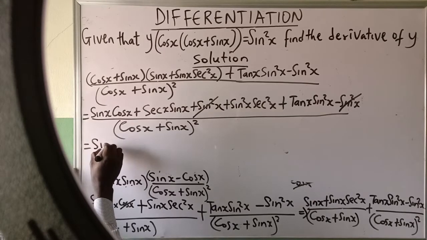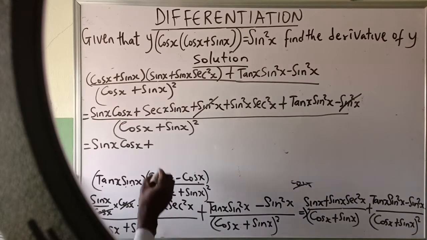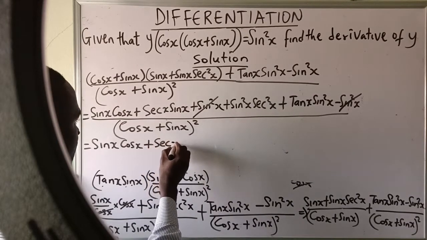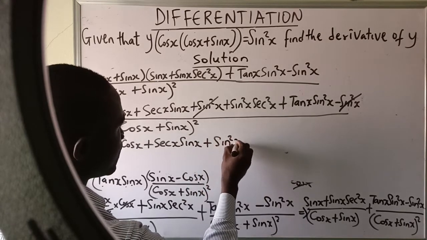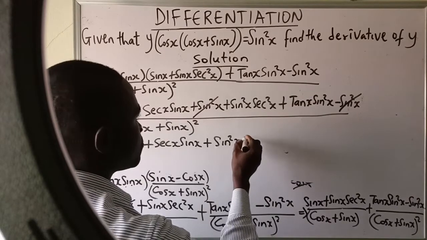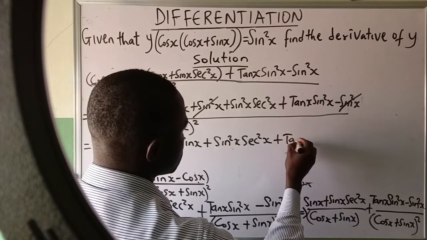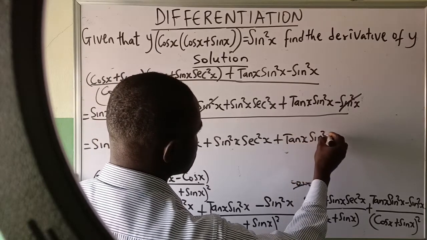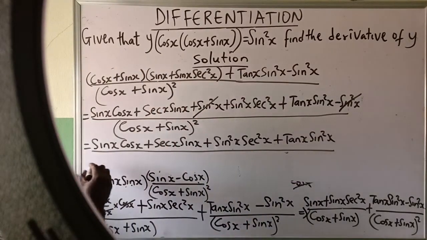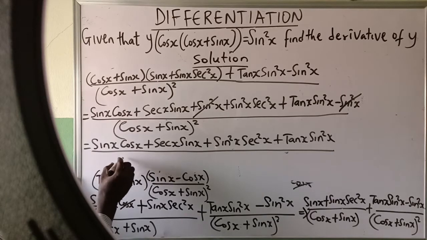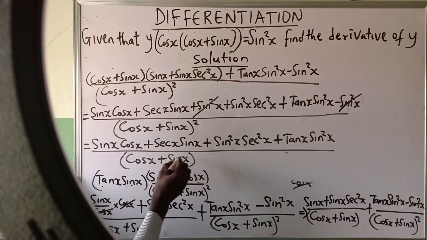You have sin x cos x plus sec x sin x plus sin squared x sec squared x plus tan x sin squared x all over cos x plus sin x all squared.